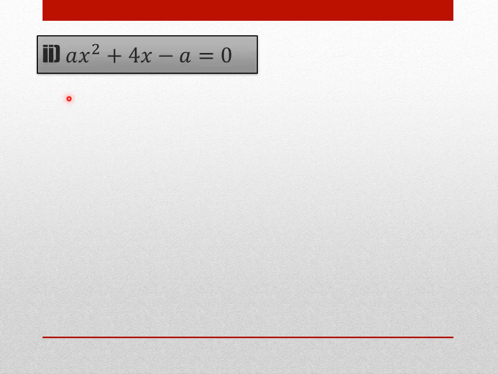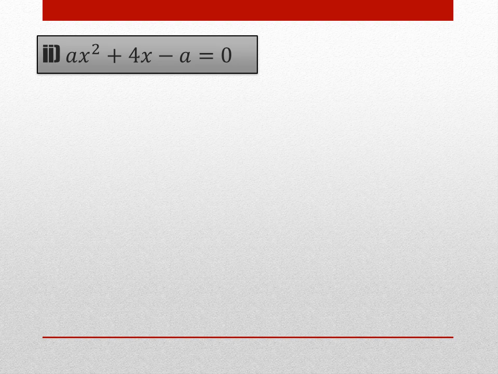Second part is ax square plus 4x minus a equal to 0. Here you can see that the constant term is a, and that a will also be considered as a constant number. It's not a variable, it's a number here. So remembering the steps, what was the first step?